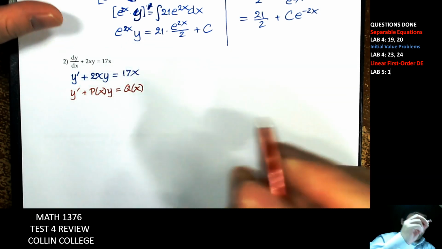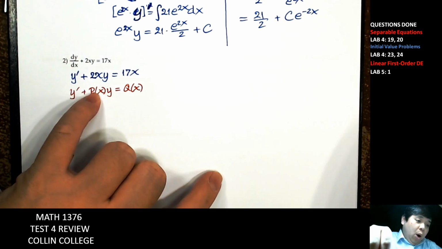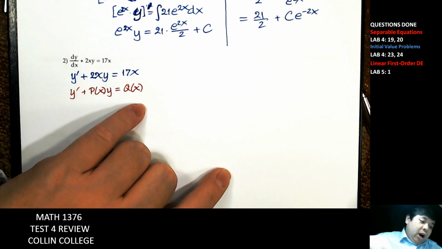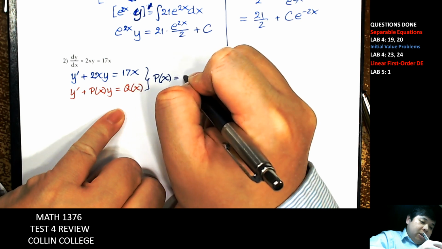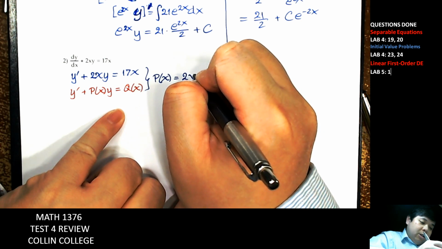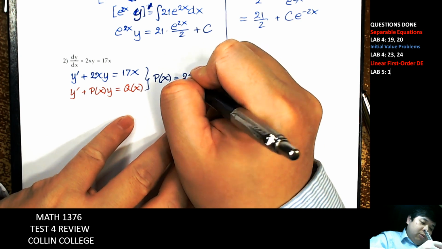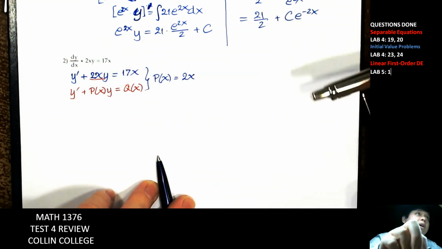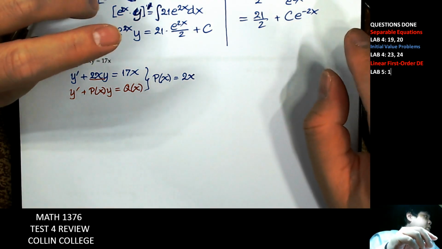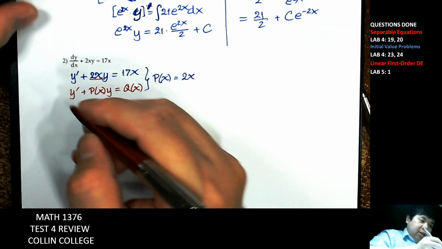Where we match these two, p of x is just 2x. Right. And you integrate to find the integrating factor.